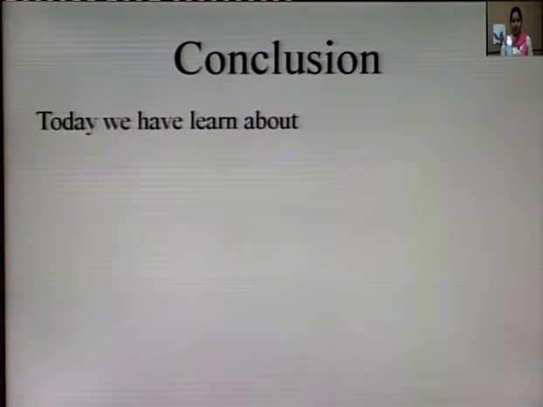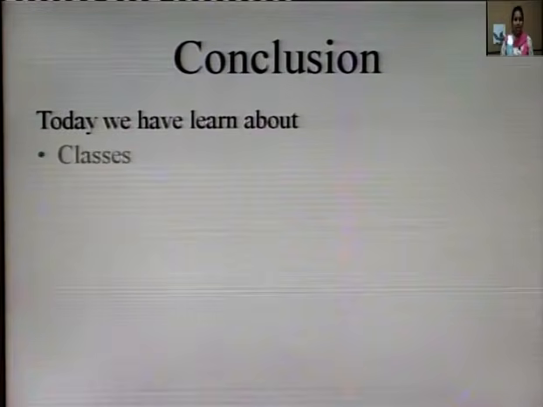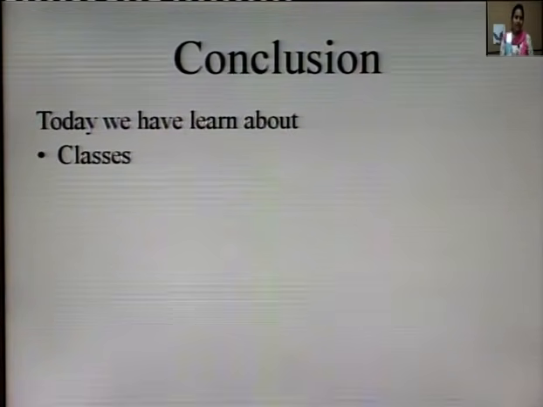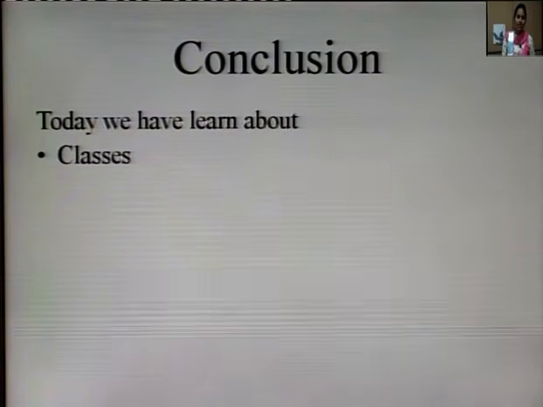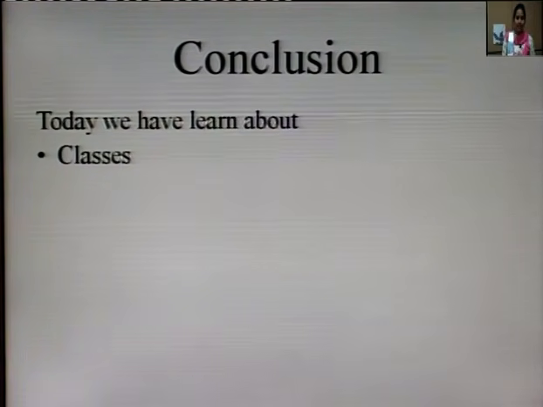So in conclusion, today we have learned about classes. A class is a combination or group of data members and functions that operate on that data. Within that we have defined 3 sections of a class, that is private, public and protected.